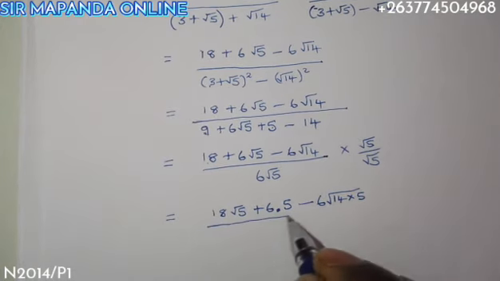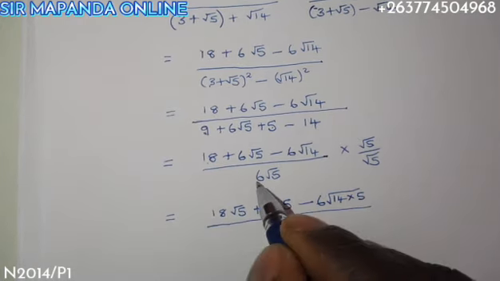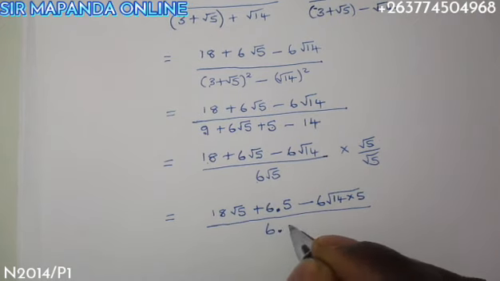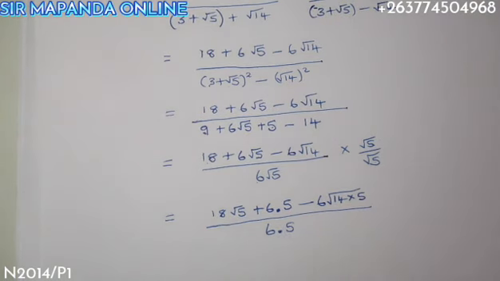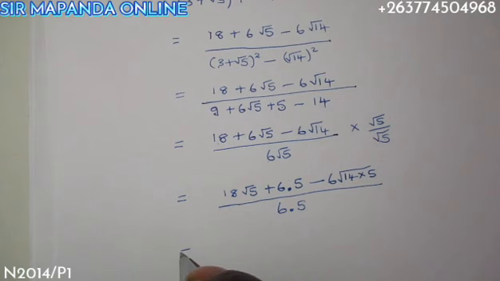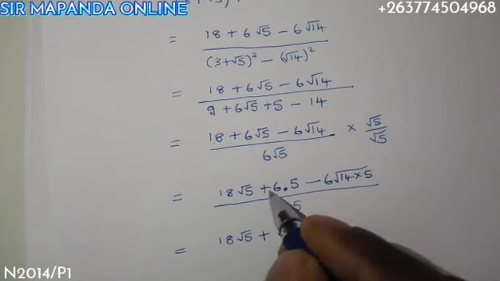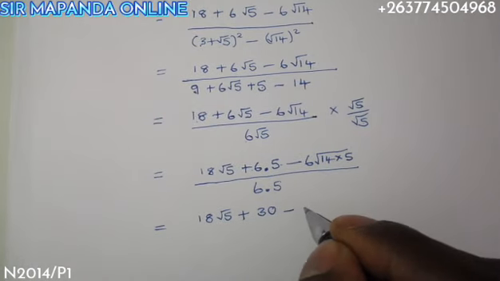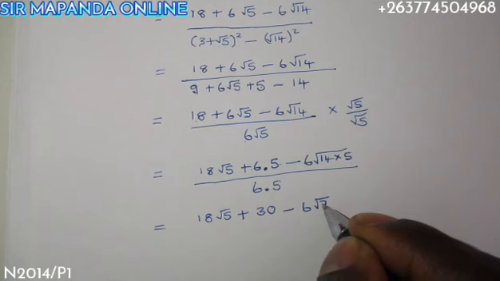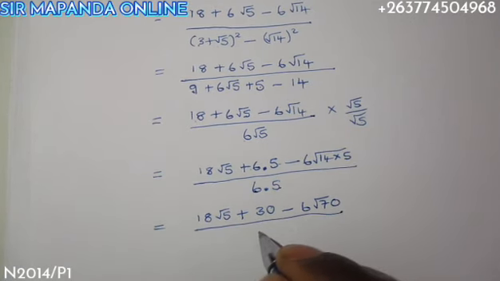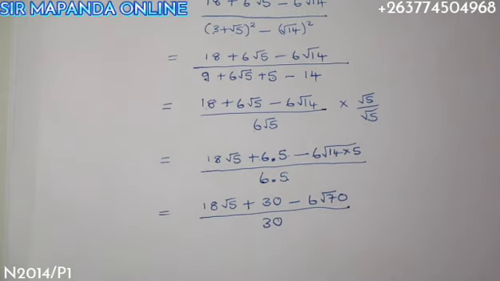Then we move on to the denominator. 6 root 5 times root 5, you get 6 times 5, since root 5 times root 5 is 5. So it simply means you now have 18 root 5 plus 30, which is 6 by 5, minus 6 root 70. Then on the denominator, 6 times 5 gives you 30.